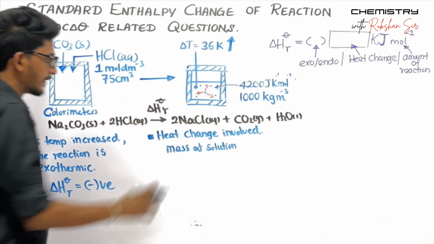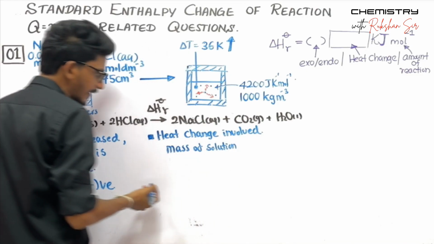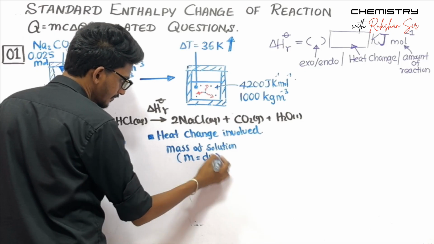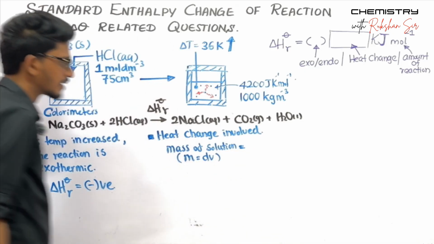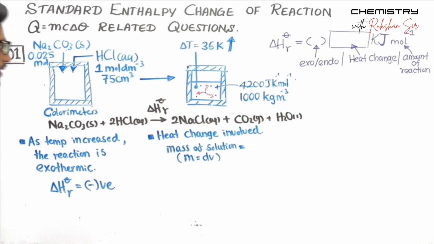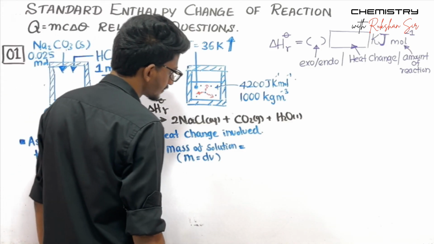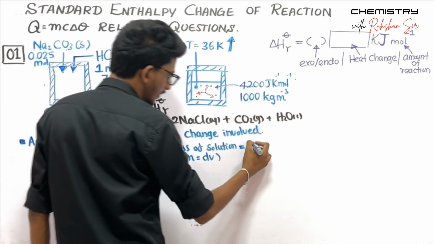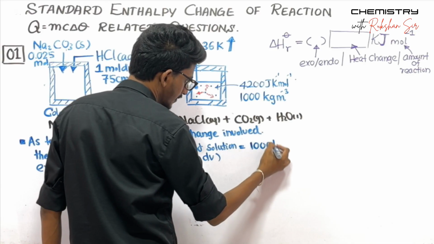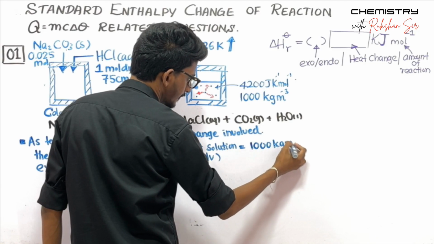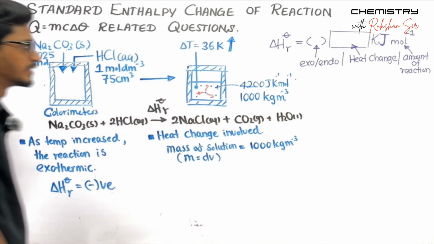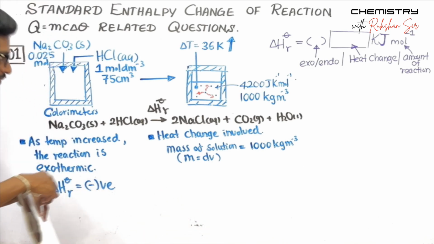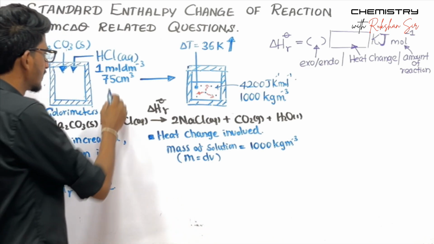To come up with the mass of the solution, we can use m equals dV, density times volume. The density is given as 1000 kilograms per meter cubed.